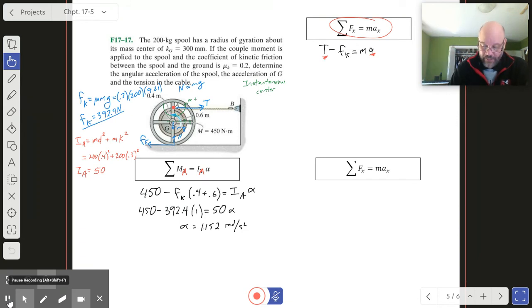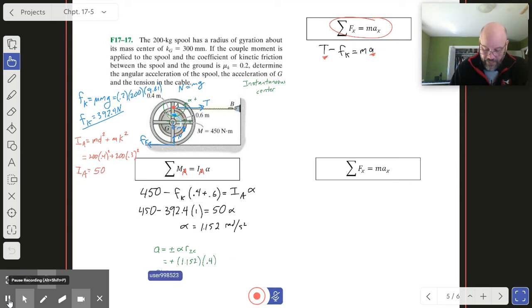Even though this is slipping, because we've got this instantaneous center, we can say that A is plus or minus alpha R for that instantaneous center. And they're aligned, so we choose the plus. So we're going to have plus, and our alpha is 1.152. And that instantaneous center is a distance of 0.4 away.